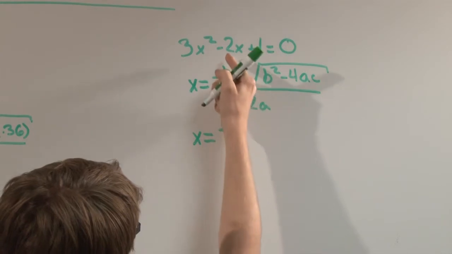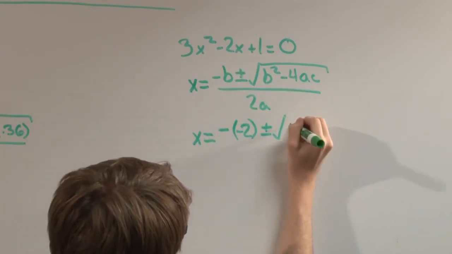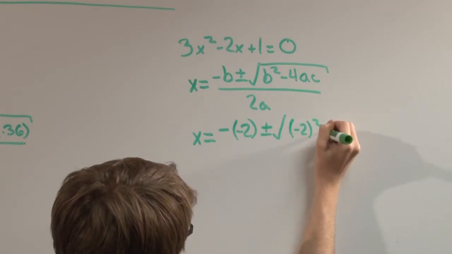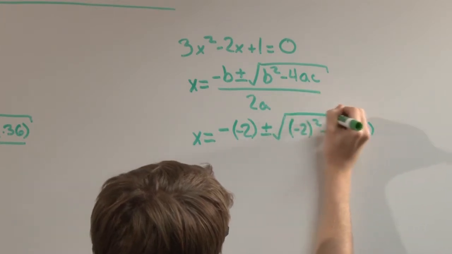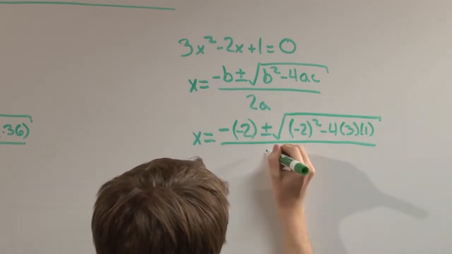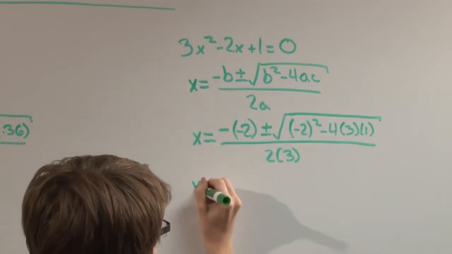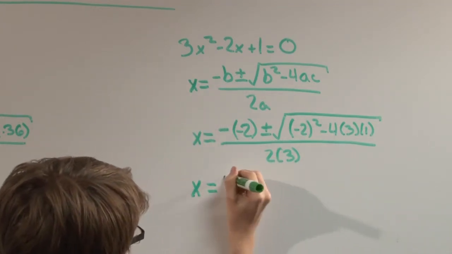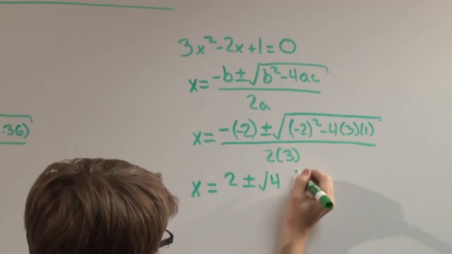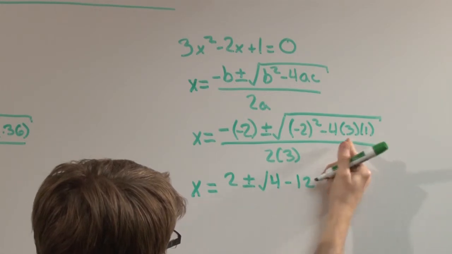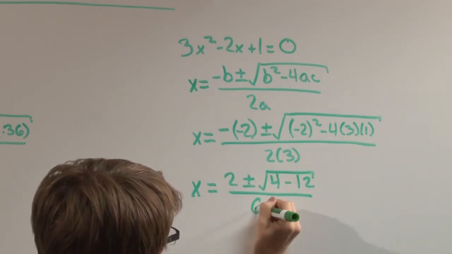So the thing in front of the x, negative 2, plus or minus the square root, negative 2 again, squared minus 4 times 3 times 1, all over 2 times 3 in front of the x squared now. X equals 2 plus or minus the square root of negative 2 squared is 4 minus 4 times 3 times 1 is 12, all over 2 times 3, which is 6.